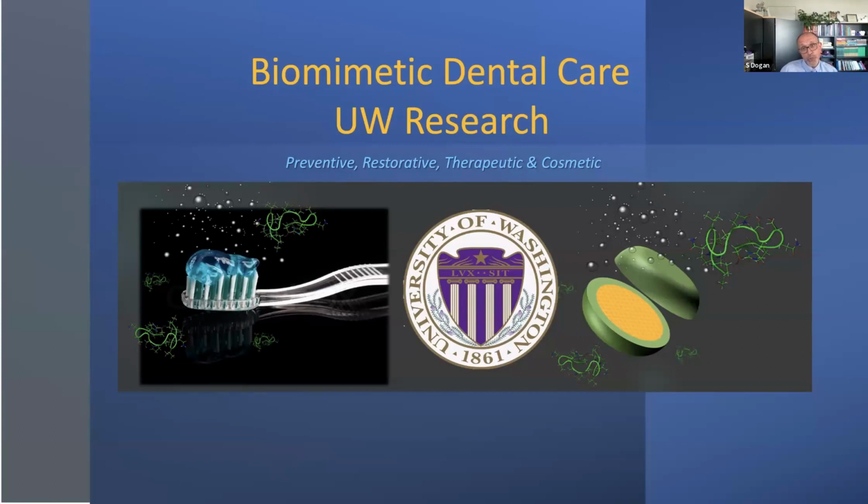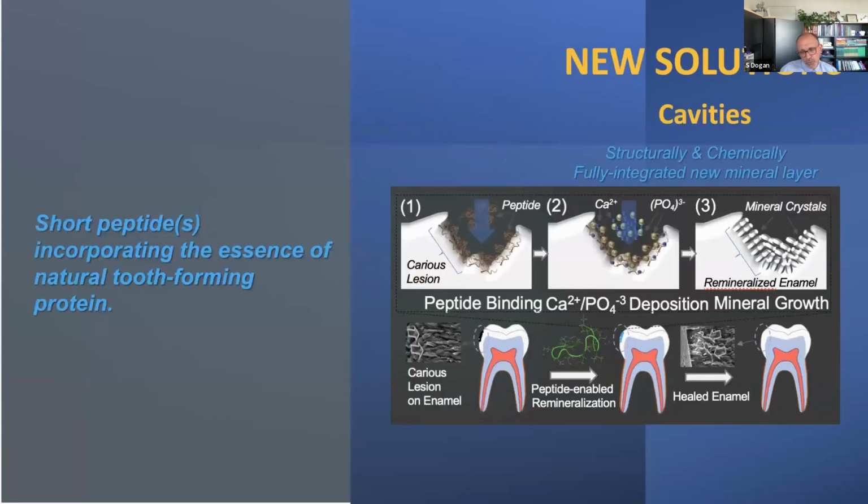Our goal is to work on preventive, restorative, therapeutic, and cosmetic dental products with our peptide technology. How this technology works: amelogenin is the tooth-forming protein. Everybody knows that. Instead of working with the protein, we are working with parts of it. These functional parts of the proteins are called peptides.